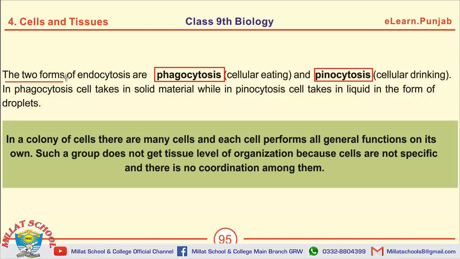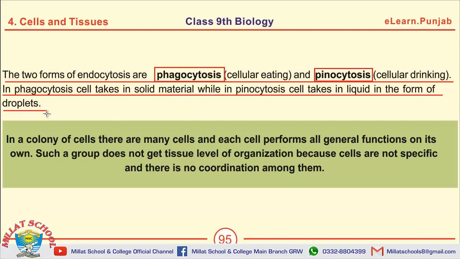The two forms of endocytosis are phagocytosis, that is cellular eating, and pinocytosis, which is cellular drinking. During phagocytosis, cells take in solid material, while in pinocytosis, the cell takes in liquid in the form of droplets.